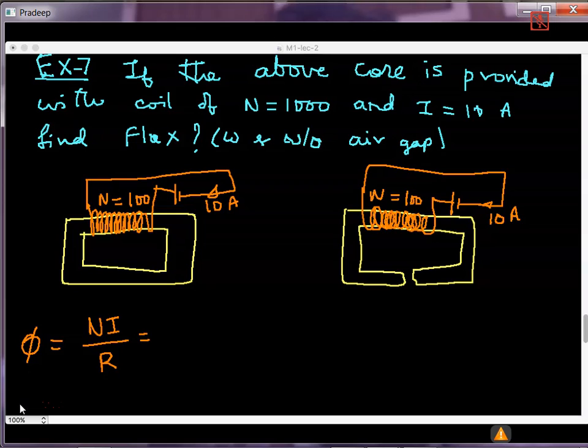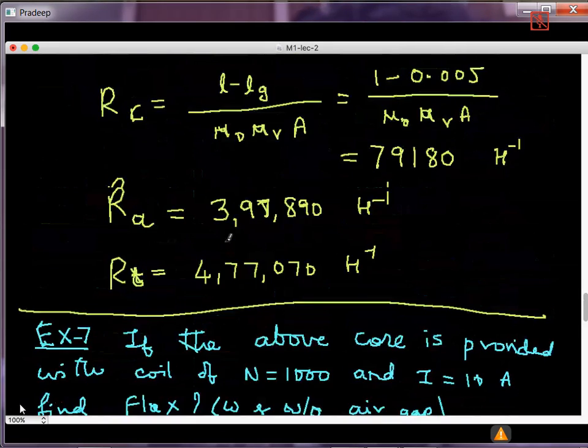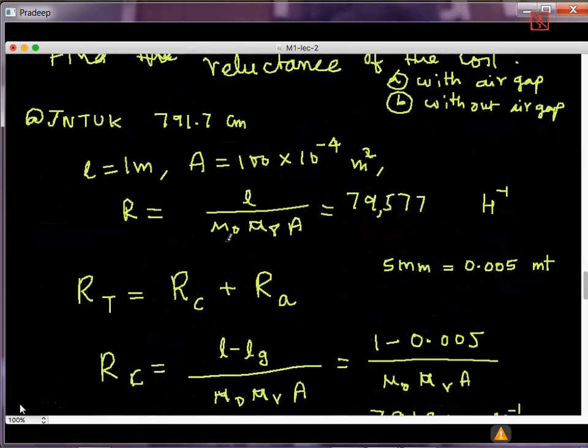So could you calculate the flux? So what is the reluctance for the case where there is no air gap? So the reluctance is 79,577.